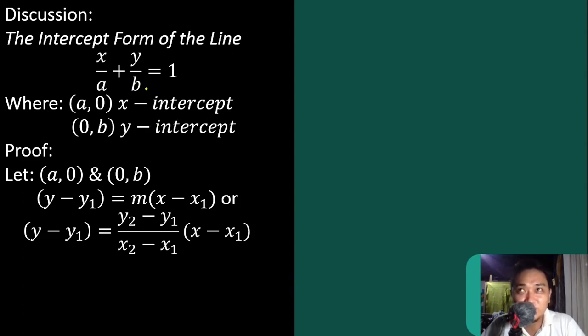Or to be specific, yung a siya yung abscissa ng x-intercept. Yung b siya yung ordinate nung y-intercept. Now, i-prove natin kung totoo nga tong the intercept form of the line, kung tama po ba yung notion niya, wherein a,0 is the coordinate for the x-intercept and 0,b is the coordinate for the y-intercept.